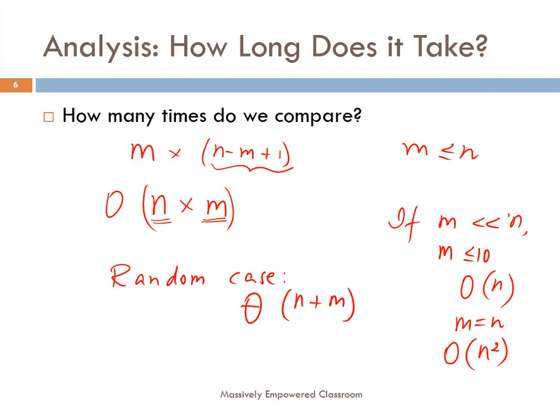So the complexity depends on both the length of the given text and the length of the given pattern. And as I said, in random or average cases, the number of steps required may be much less than n squared or n into m. So that is how string match works as a brute force algorithm.